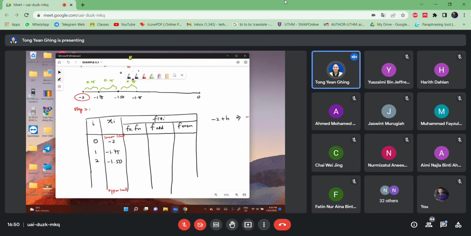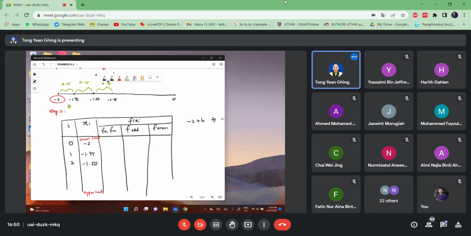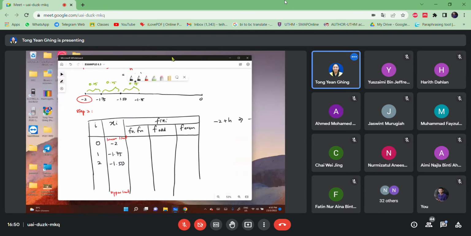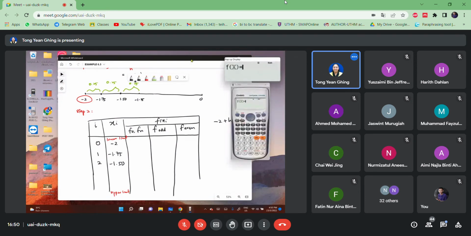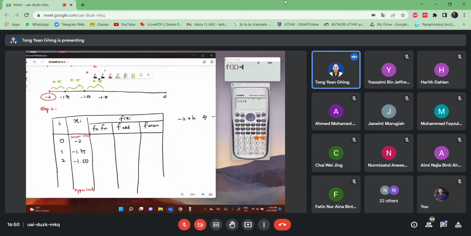I open this calculator. You go to mode, and find 7, that is table.